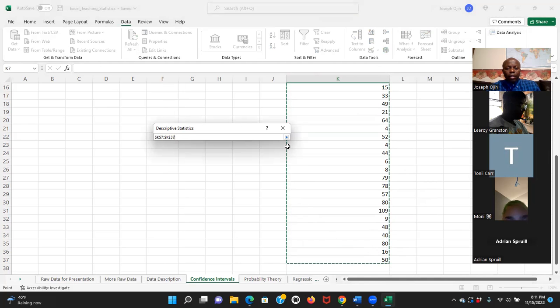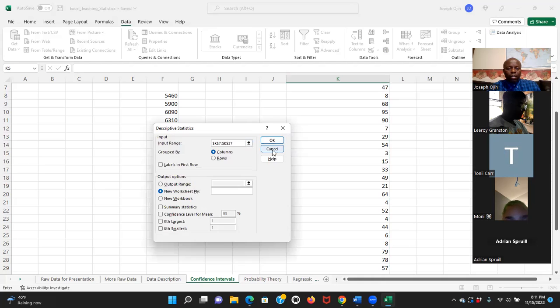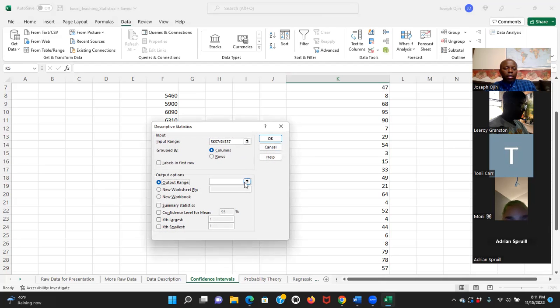Now we have them. It is grouped by columns. Good, there's no need for labels. The output range is the place where you want your result to show.